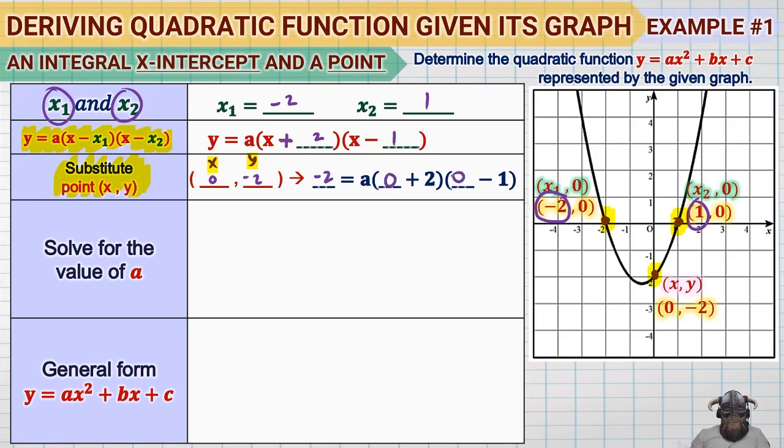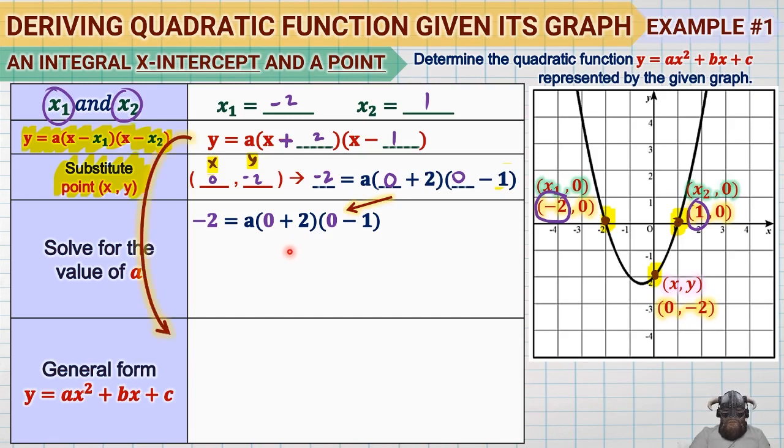So, 0. Now, as you can see, ang matitira na lang dito sa equation natin na to ay a. So, yan ang gagamitin natin for us to solve for the value of a. So, as we continue, copyin lang natin yan. Negative 2 is equal to a times 0 plus 2 times 0 minus 1.